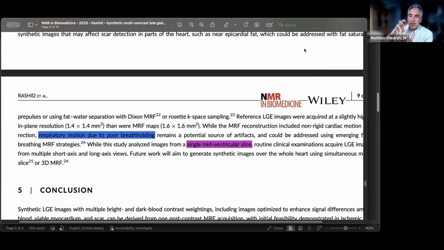So you have to basically cobble together slices that may or may not be in the same location. Whereas with this method, you have basically a perfect localization of each slice to get rid of the blurring and other artifacts that are associated with the fact that for T1 mapping, each image may be in a slightly different location because of breathing motion in between.